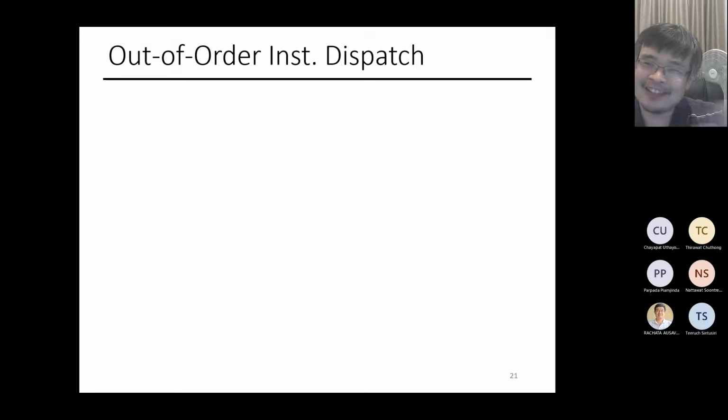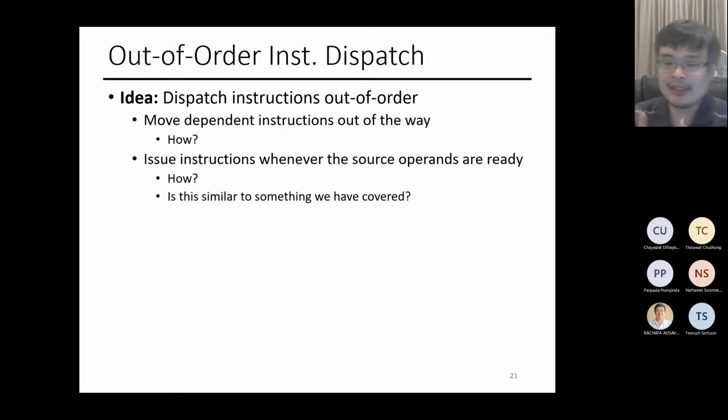But because we now talk about not just how the instruction window is done, now we talk about how do you dispatch? Like, let's say I have a bunch of instructions in my instruction window. Which one can be dispatched? And how do you actually implement this in hardware, right? So the key here is we want to dispatch instruction out of order.